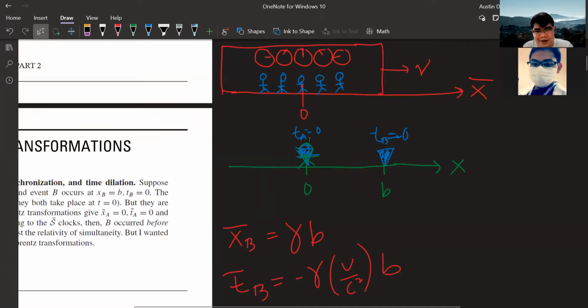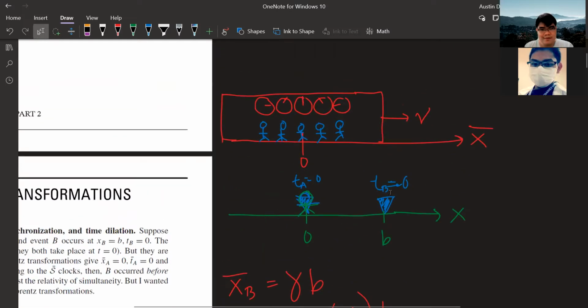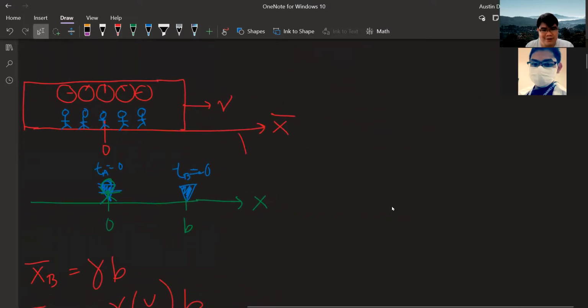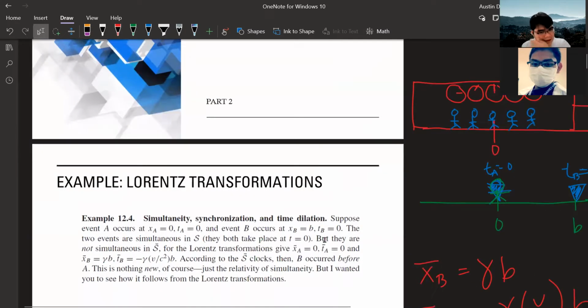Mapapansin mo, nagsisync lang yung oras mo with the person na katapat mo. Isipin natin na negligible yung layo nitong dalawa, para wala yung effects ng pag-travel ng ilaw. Pero anyway, not related. Okay, what else?